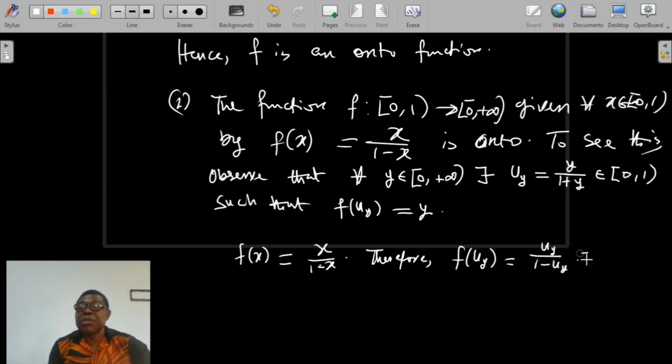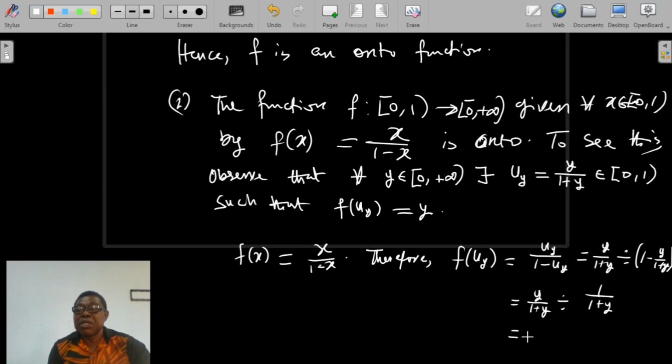And this will give you nothing but y over 1 plus y divided by 1 minus y over 1 plus y. And this is nothing but y over 1 plus y divided by 1 over 1 plus y. By the time this is evaluated, we'll get y, and this will mean, therefore, that this is equal to y.